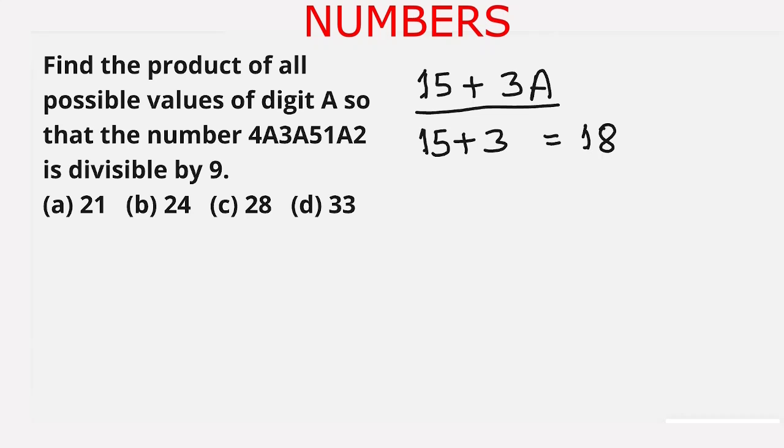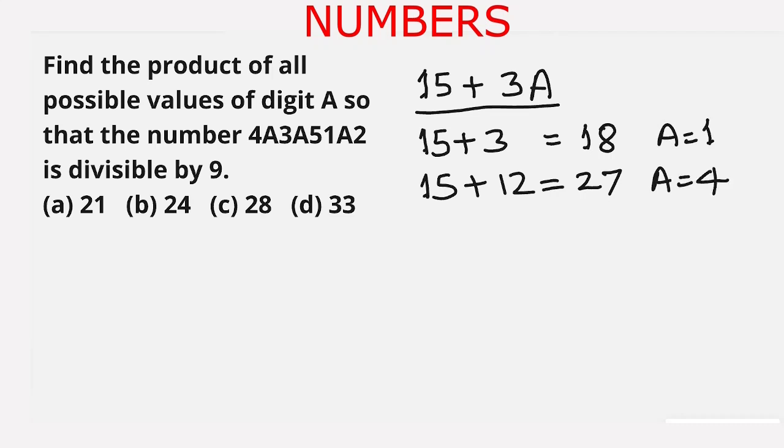Now if we put A equal to 3, then 3 times 3 is 9, 9 plus 15 is 24, which is not divisible by 9. And if we put A equal to 4, then 3 times 4 is 12, and 15 plus 12 is 27, which is divisible by 9. So earlier the value of A was 1, here the value of A is 4.